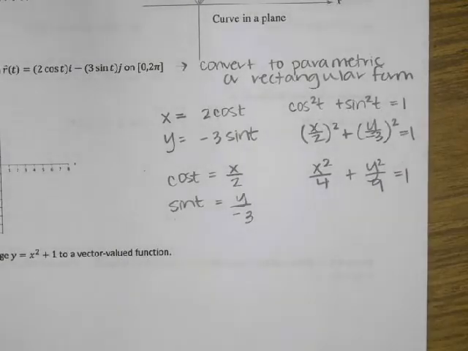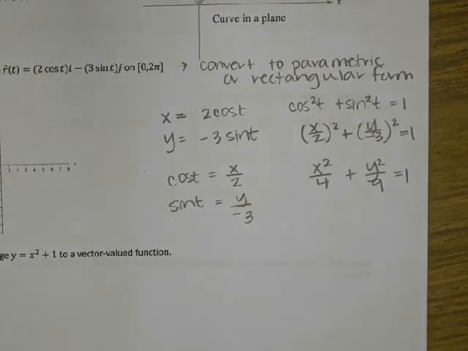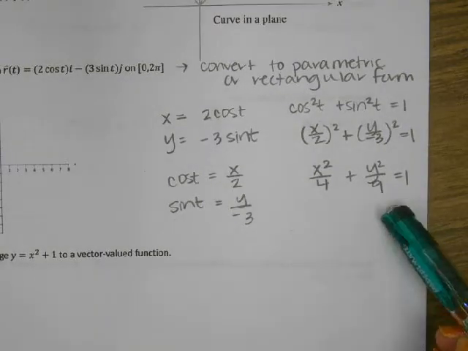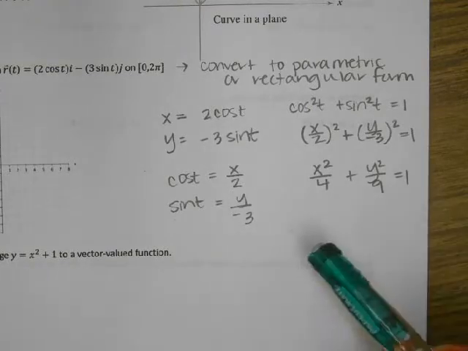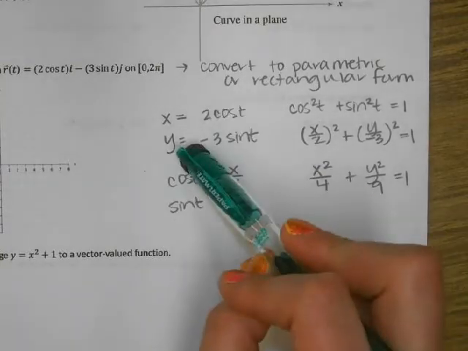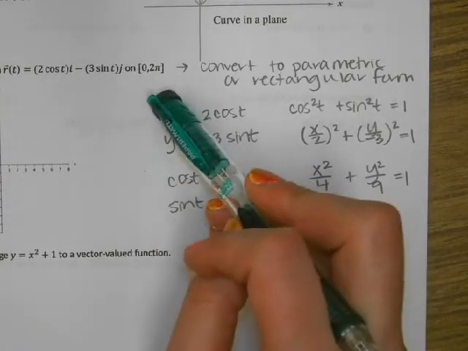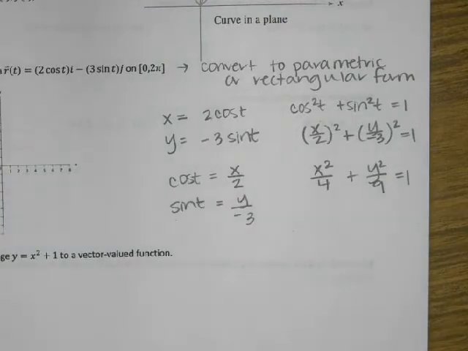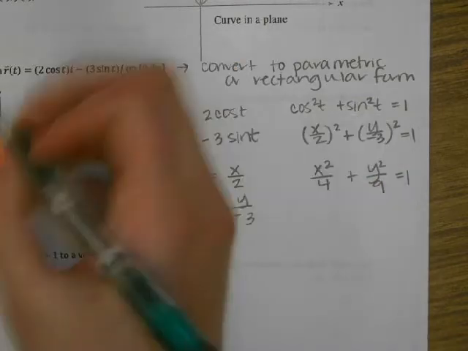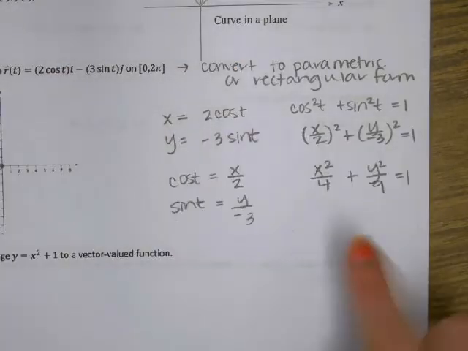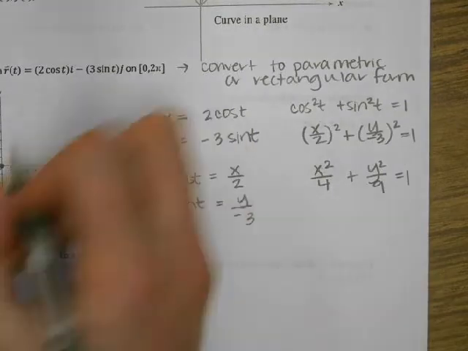So this is where there's a little bit of strategy involved in graphing it in parametric versus rectangular, is if you look at this and you don't know what this is, then you can't very well graph it from the rectangular form. You might need to go back to the parametric form right here and use t values from 0 to 2 pi and use your t values to plug in and find x and find y. So this rectangular equation is an ellipse. The ellipse is centered at 0, 0. And then from the center, you go to the right and left 2.